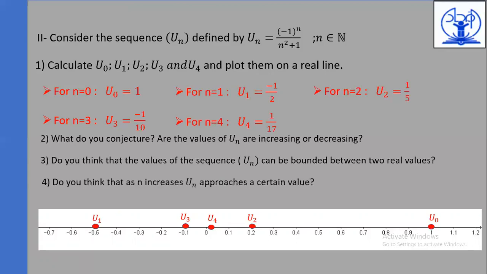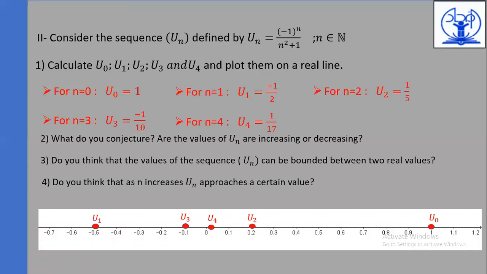Third question, do you think that as n increases, un approaches a certain value? What if we keep on plotting u0, u1, u2, u3, u4, u5 will be -1 over 26. You will be getting closer and closer to 0, but you will not touch 0.